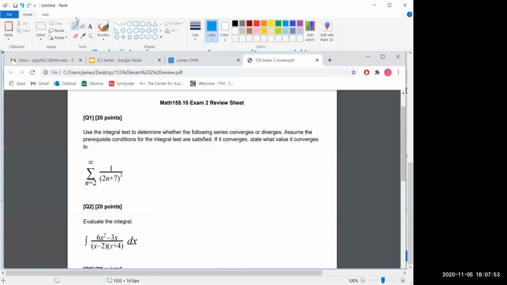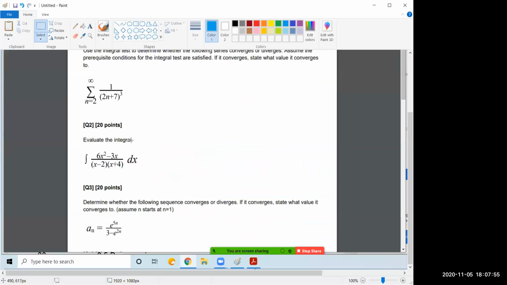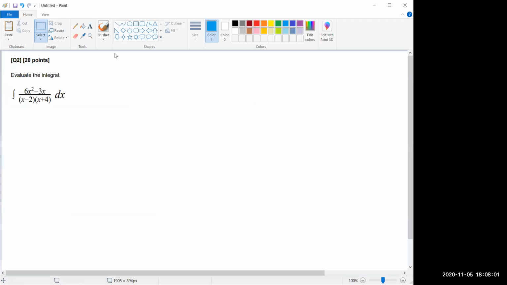All right, let's do number 2 since I don't think you guys have a preference on the order. Number 2 says evaluate this integral.